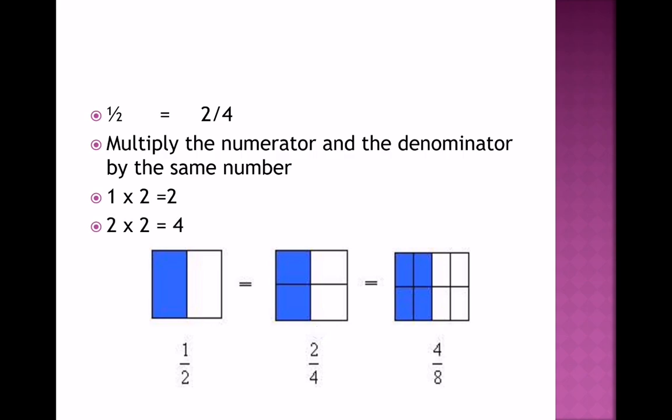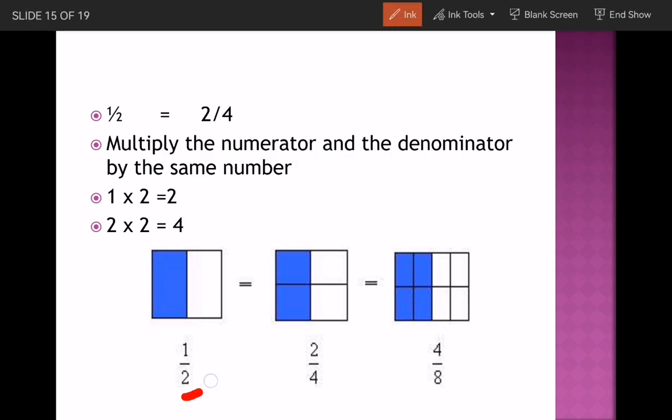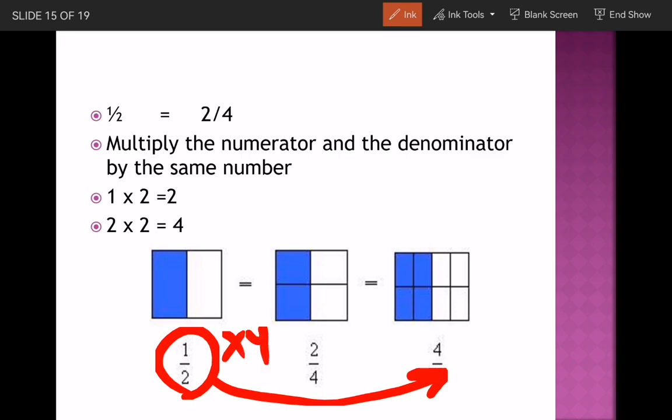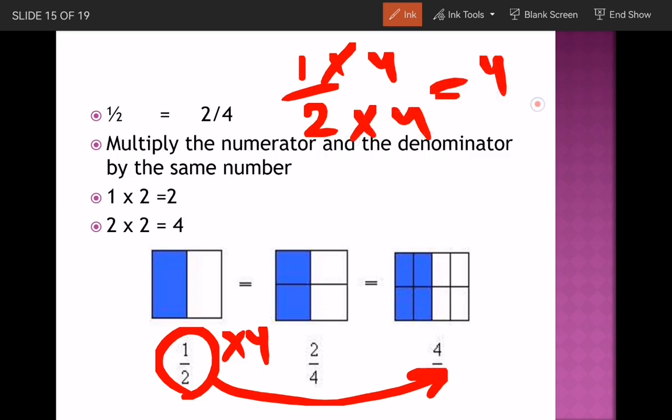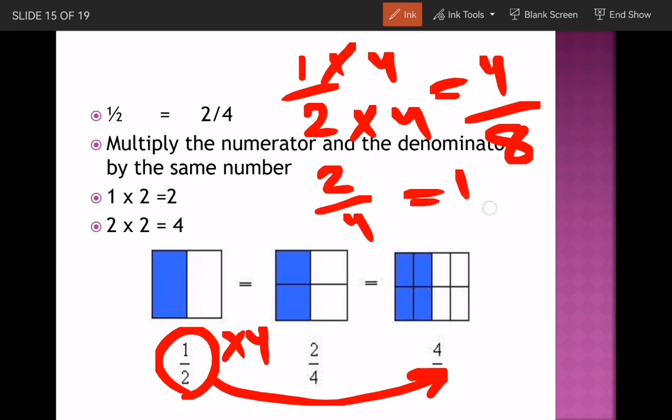But how does 1 over 2 become equal to 4 over 8? By multiplying up and down by 4. So half times 4 times 4 will be 4 over 8. How can 2 over 4 be equivalent to half? By dividing up and down by 2.